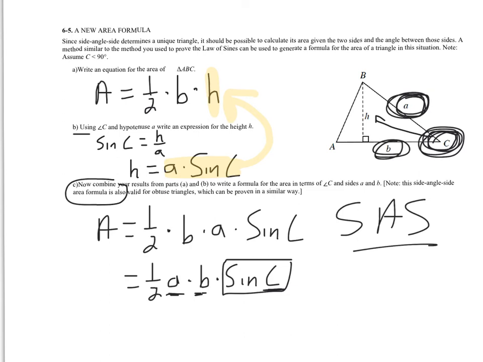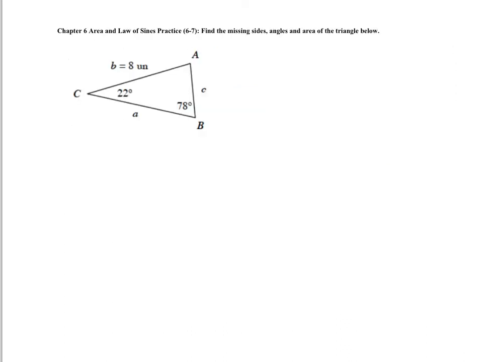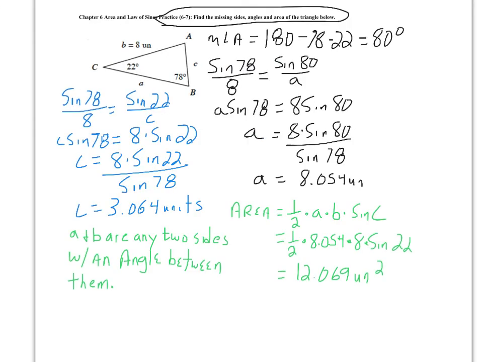So let's go on to the next slide and use our law of sines and our area formula for a triangle to find missing sides and angles and the area. So we want to find missing sides and angles and the area for the triangle below. What I'd like you to do is pause this, find those things on your own, and then come back and check your work. All right, welcome back.